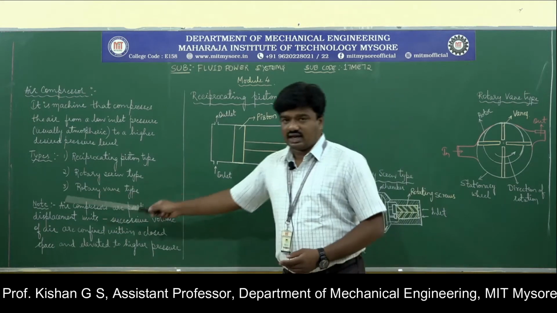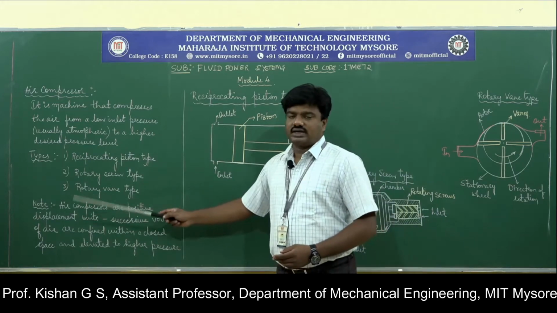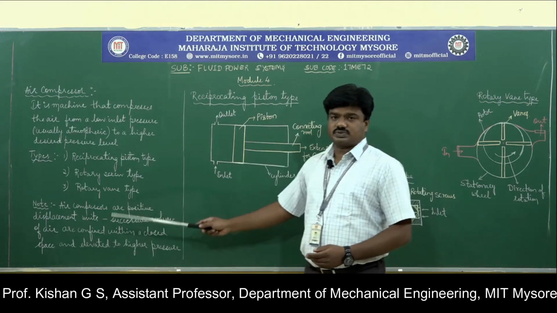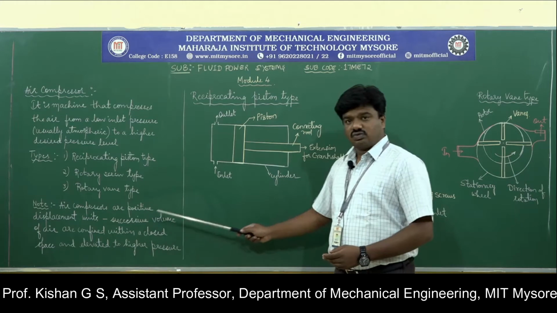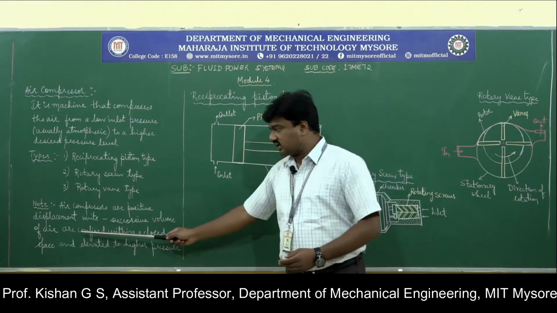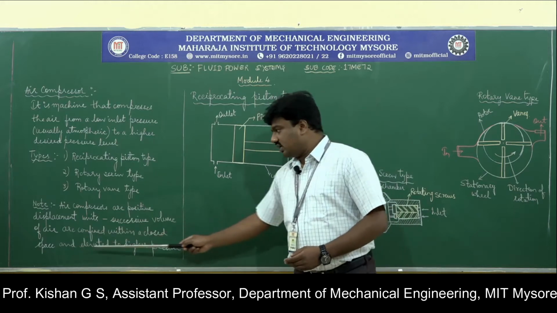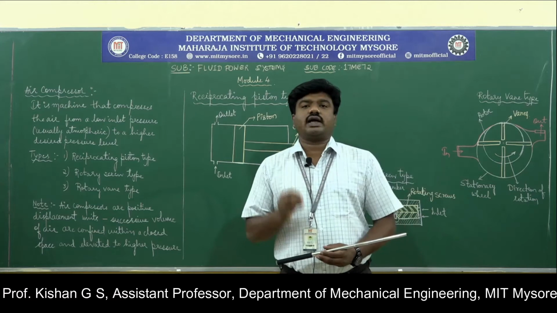Basically there is a keynote when we speak on air compressors. So what is that keynote? The keynote is this: air compressors are positive displacement units, which means that successive volumes of air are confined within a closed space and are elevated to higher pressure, without any losses.